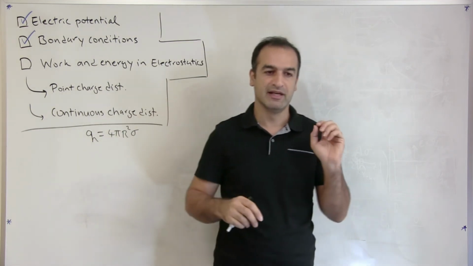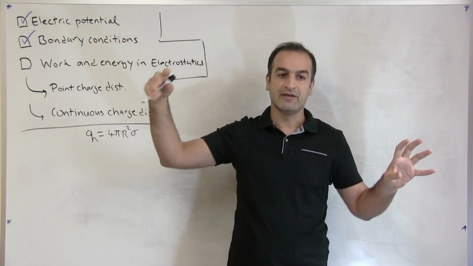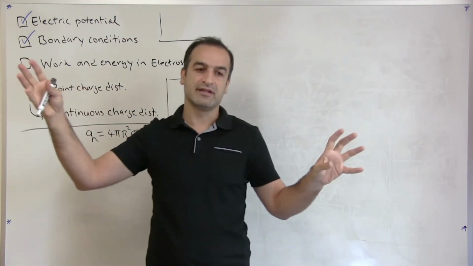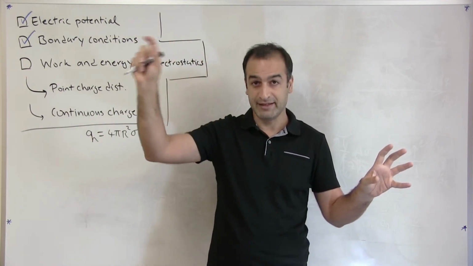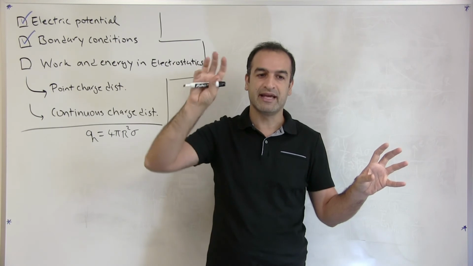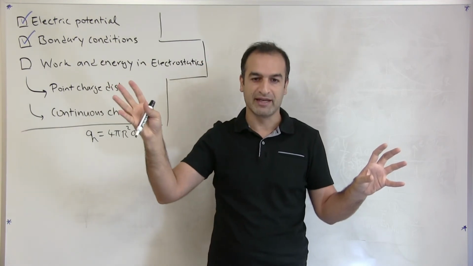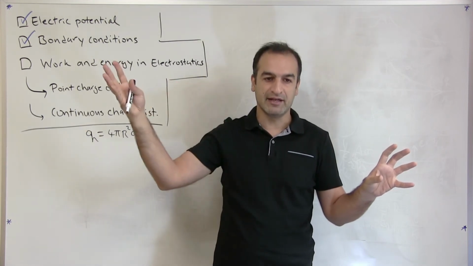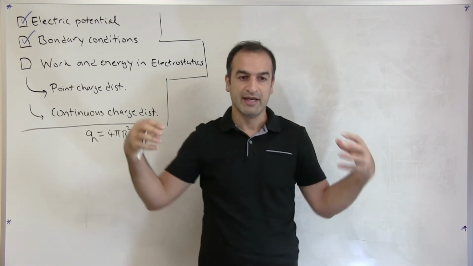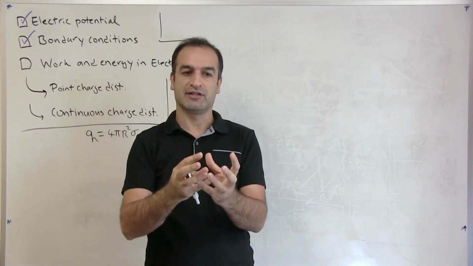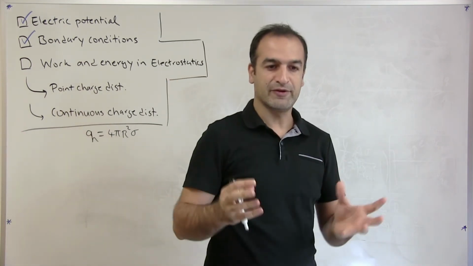I'm going to tell you that if you have certain charges that create certain electric field, the way you can look at the energy of this electric field is whenever you have electric field, wherever you have electric field, you can assume there is an energy associated with that electric field in a space. Okay, and if you integrate that energy over the whole space, that's going to tell you how much work was done to create that electric charge distribution, which created the electric field. Okay, so this is the overall picture.